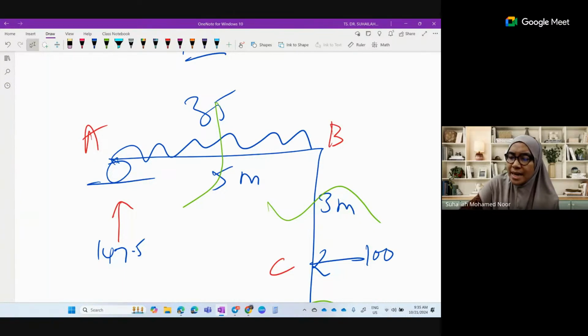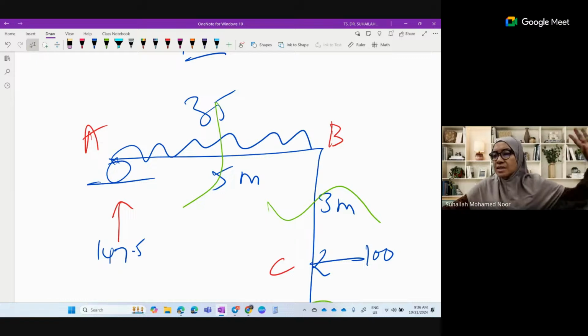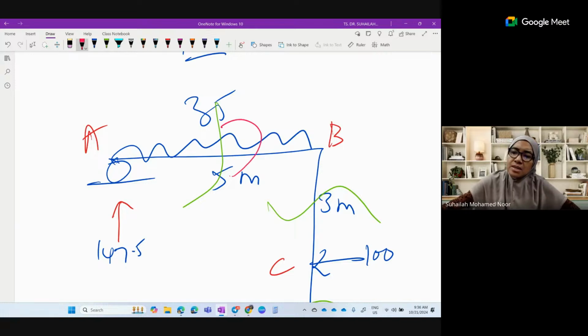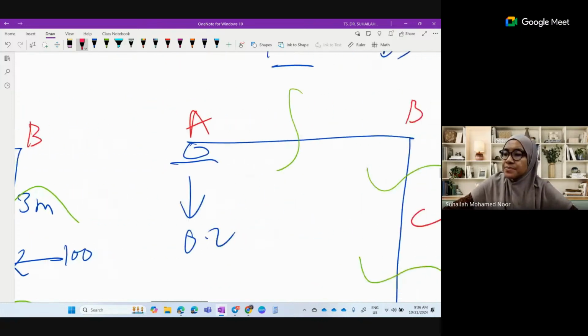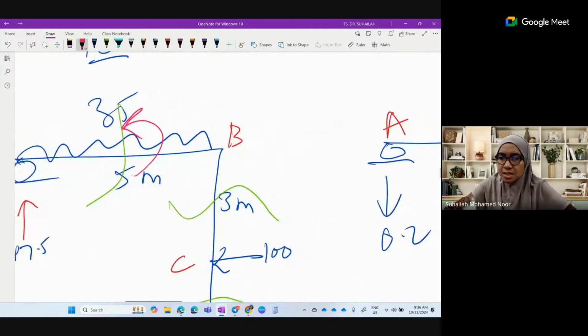AB origin A means X starts from A. Our origin is at A, origin from the left. From the left. When the origin is from the left, the moment is counterclockwise. So for AB, the moment is counterclockwise.